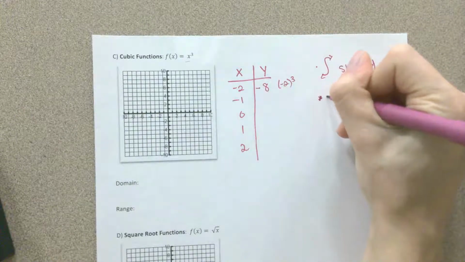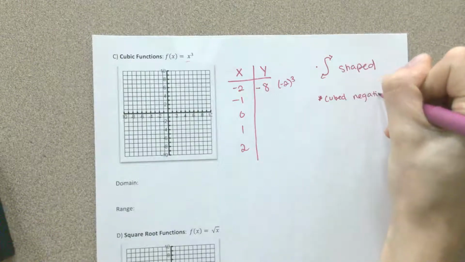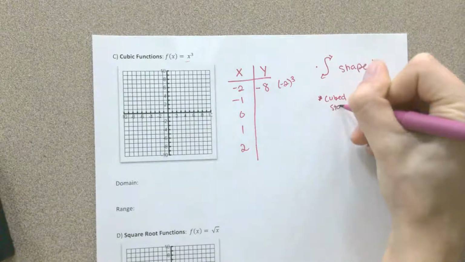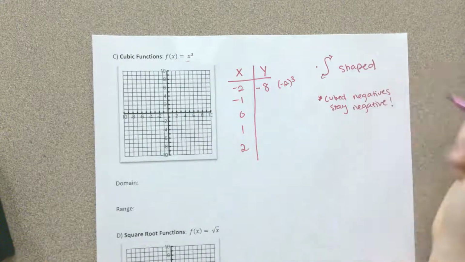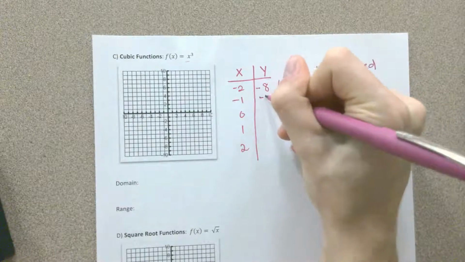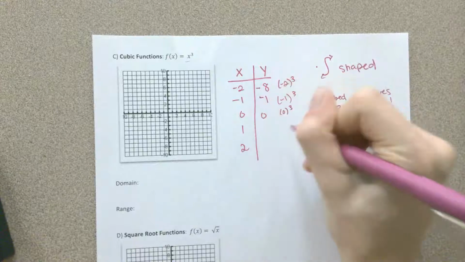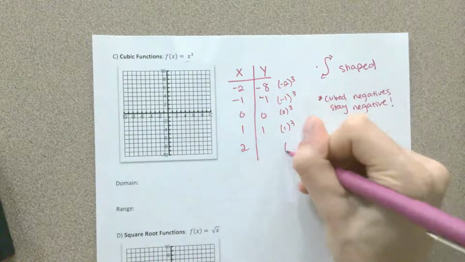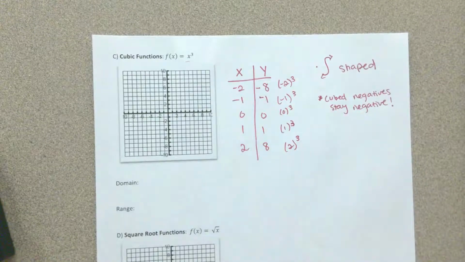Remember, cubed negatives stay negative. Okay, and then we have negative 1 cubed, which is negative 1. 0 cubed is 0, 1 cubed is 1, and 2 cubed is positive 8.